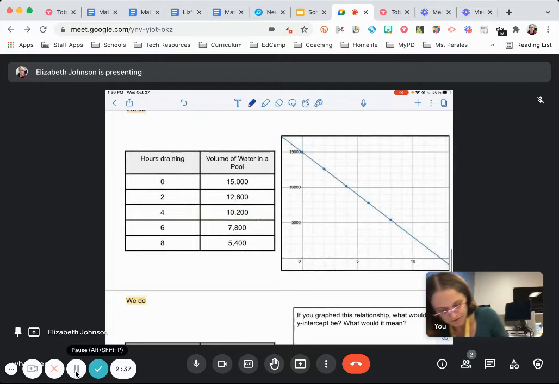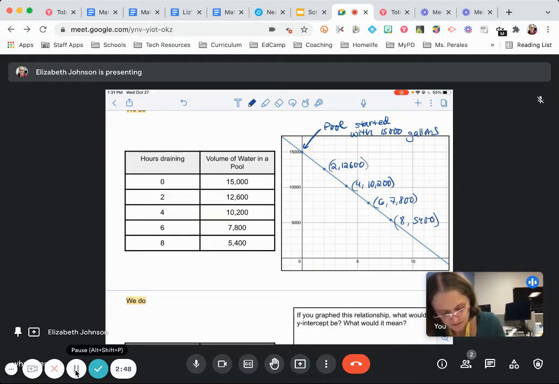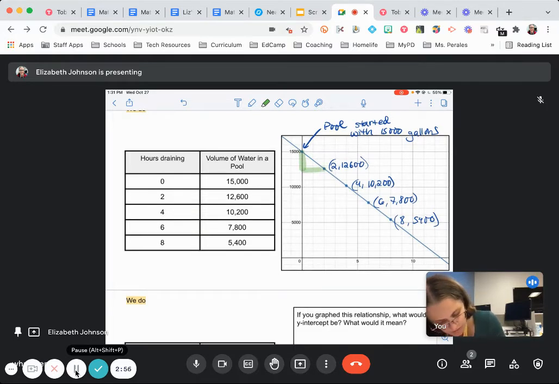Let's take a look at that graph. So the pool started with 15,000 gallons. And now let's look at our slope. I find it easier to think about when I have my labels here and we can see what's going on. We can see it goes down and it goes over. It goes down and it goes over. That's why it has a negative slope, because it's going down and over.